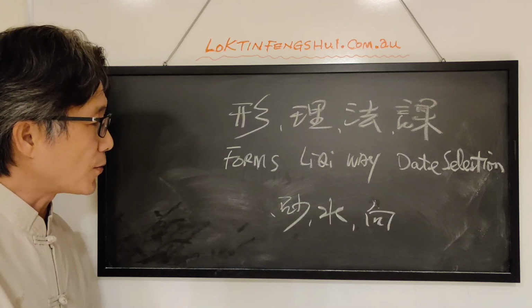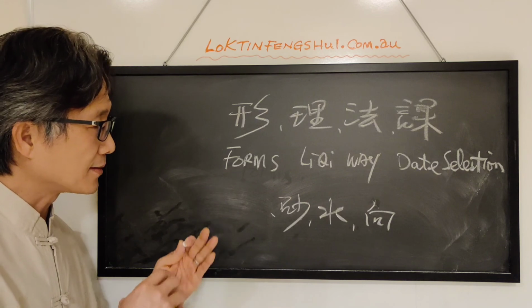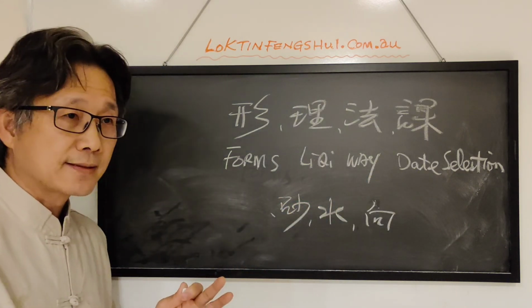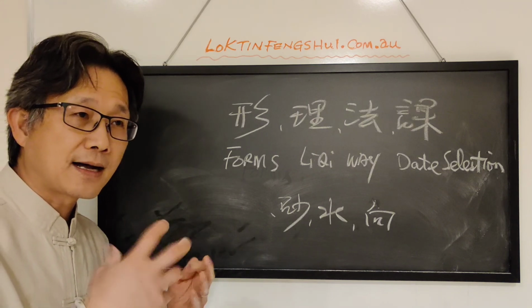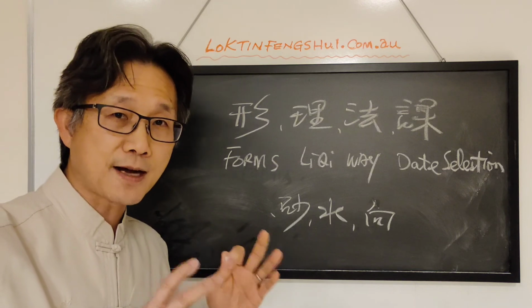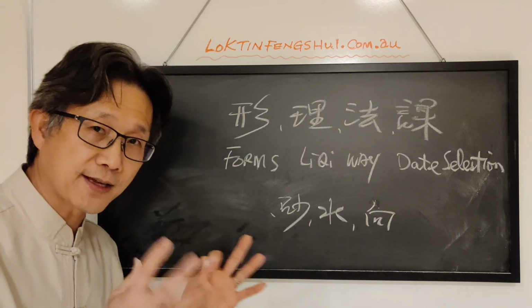So in the forms, and all this Li Qi, weight and day selection, they have a lot of sub areas to study, and these sub areas sometimes have something in common.